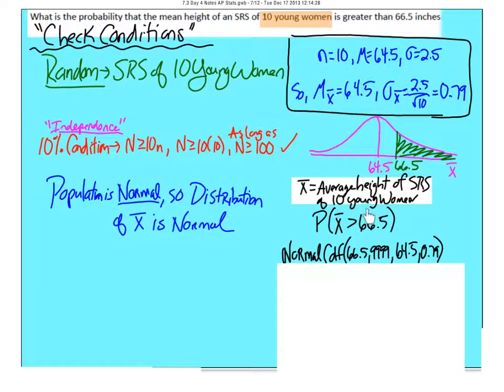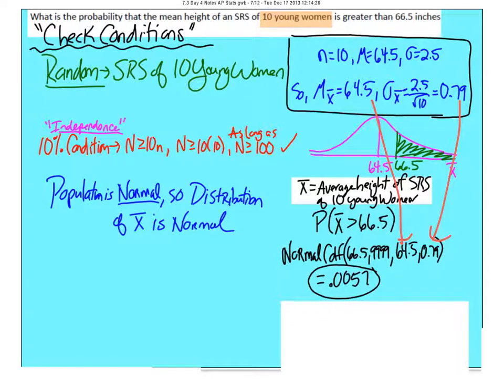We do want to make sure that you use the appropriate mean and the standard deviation. And then the answer from that is going to be 0.0057. So notice the difference in the probabilities between the first two questions. The first answer for just one woman was a 21% probability. This one, that we have a sample of 10 women, the probability is quite a bit lower, which should make sense.